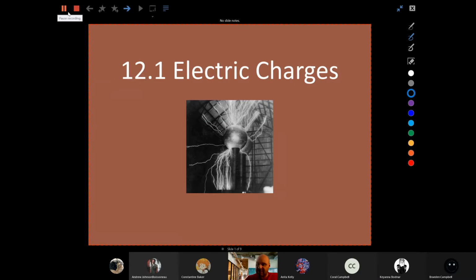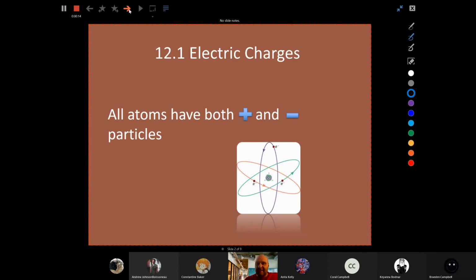So this is section 12.1. Electric charge. All right, so there's our fundamental idea here, that all atoms have both positive and negative particles, protons and electrons.